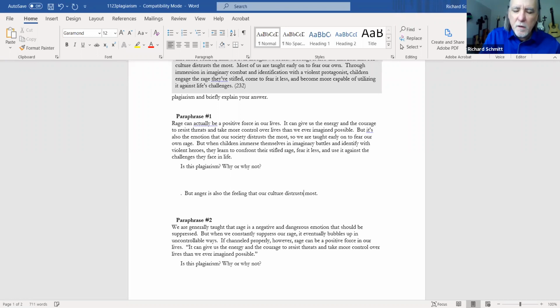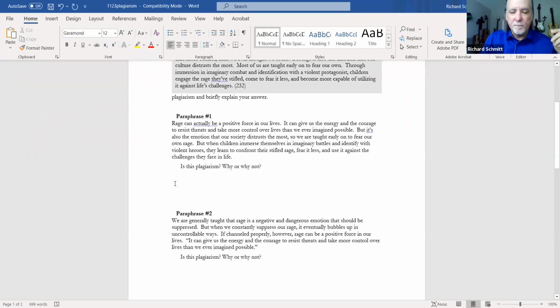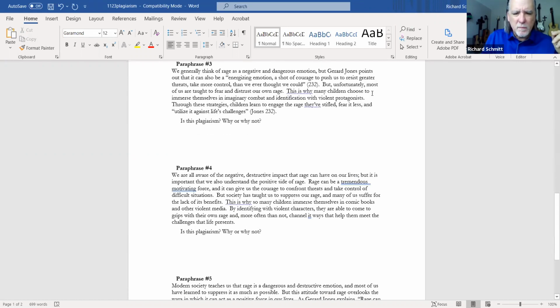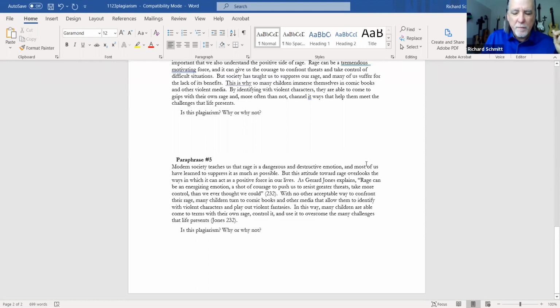And now what I'm trying to do is fool my teacher or the plagiarism checker, turn it in, into not knowing that I got this from someplace else. It's called patch writing, because I'm patching it together. And it's still considered plagiarism. So I'll come back to patch writing next week, but I'm just giving you a kind of a preview of it.